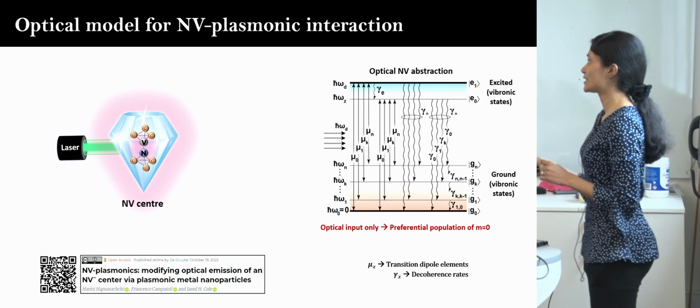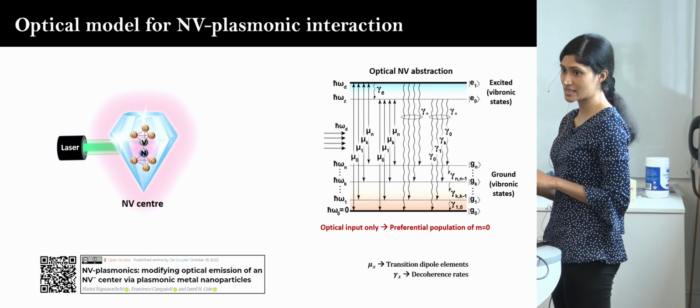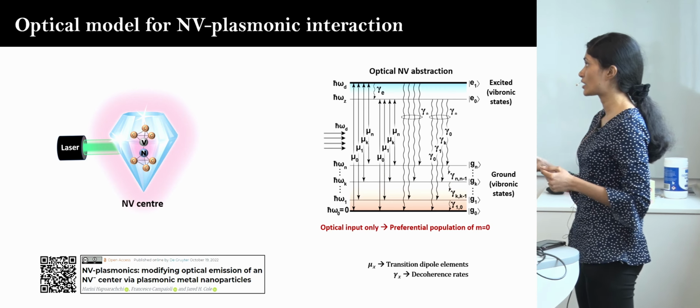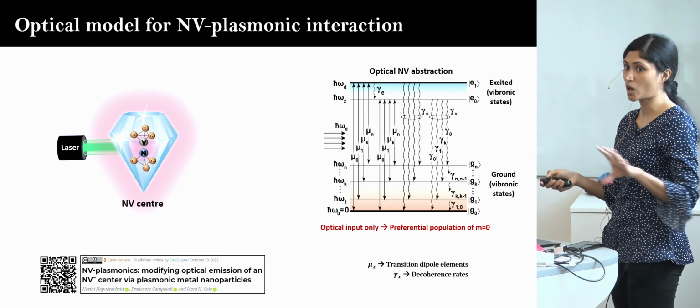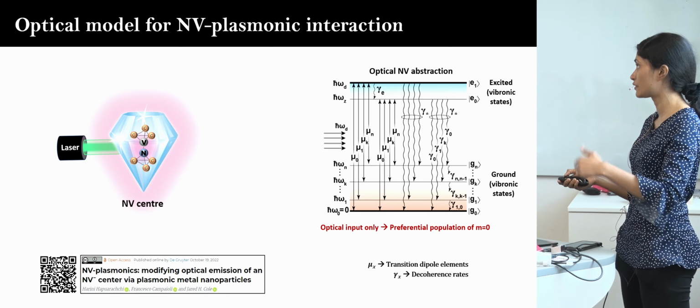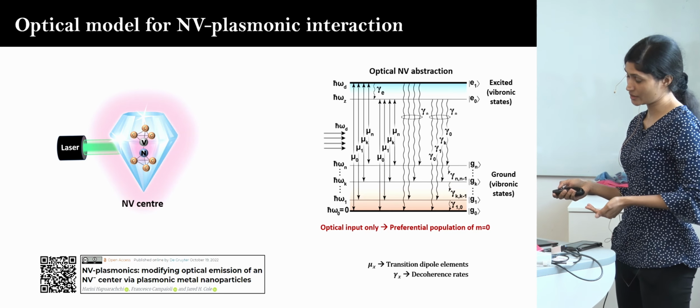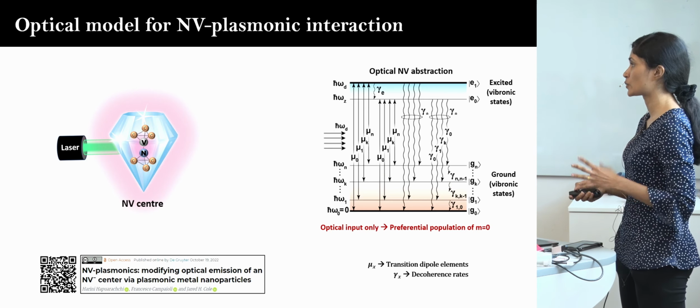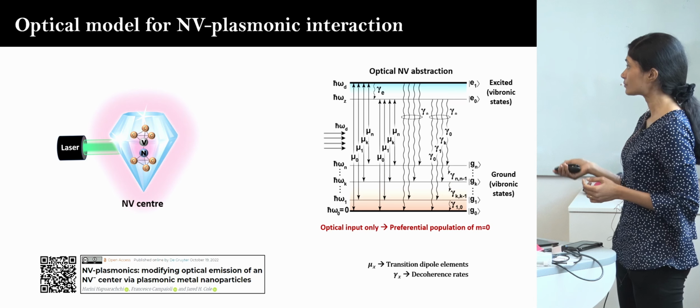And you may have noticed that we haven't included the spin sublevels here, and that's because, as we discussed at the start, when we shine just a laser for a long enough time on the NV center, it preferentially populates the spin to the zero state. So we can get away with this simple model, at least as long as we're not shining any microwaves.